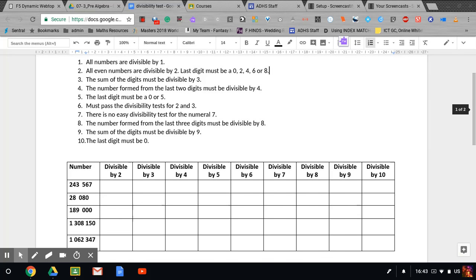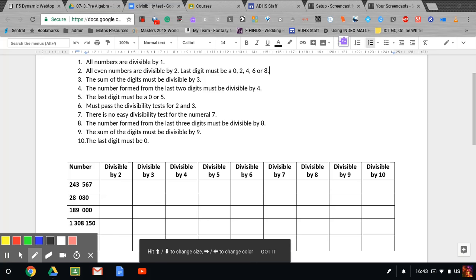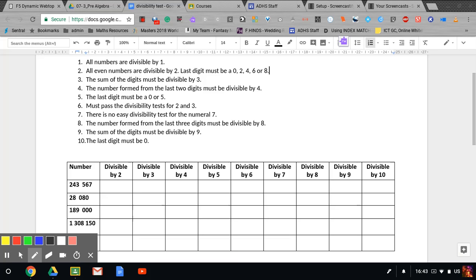So let's have a look at a few questions here. The number 243,567. So let's go through and see what we can find out. Is it divisible by 2? If the last number, look at the rule at the top, is it even? No, it's not even, so it's not divisible by 2.